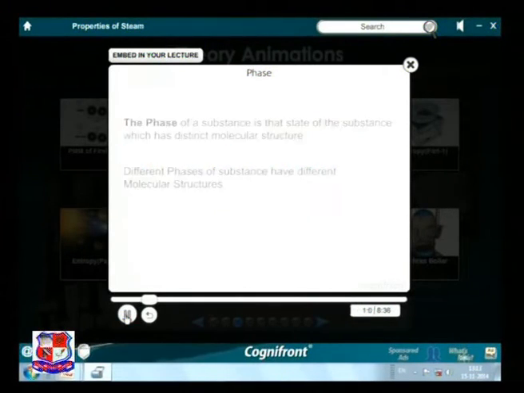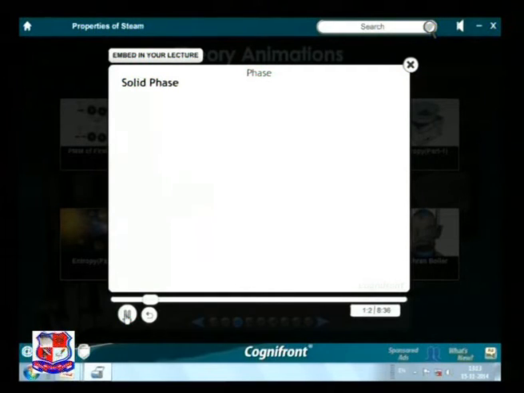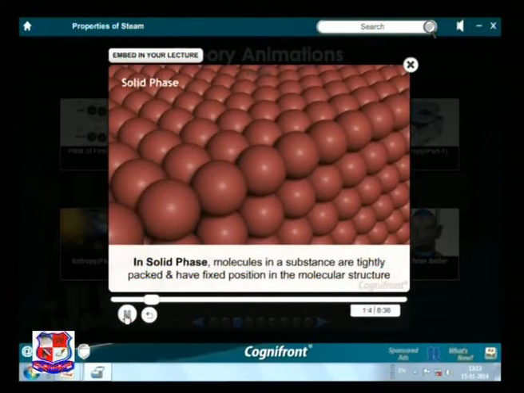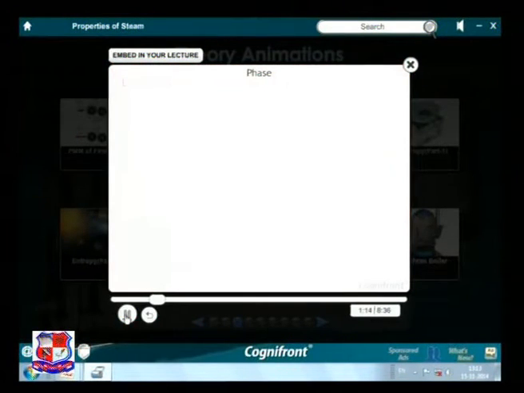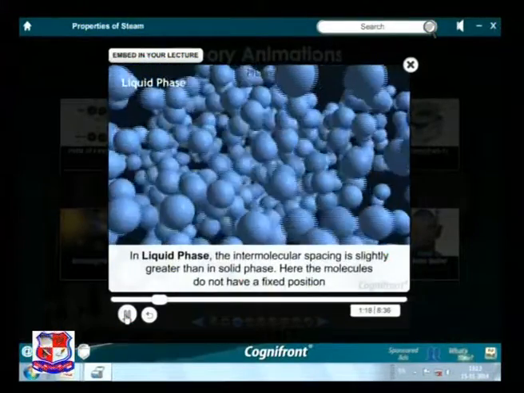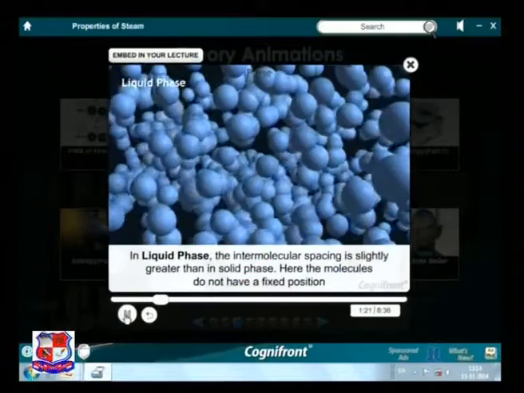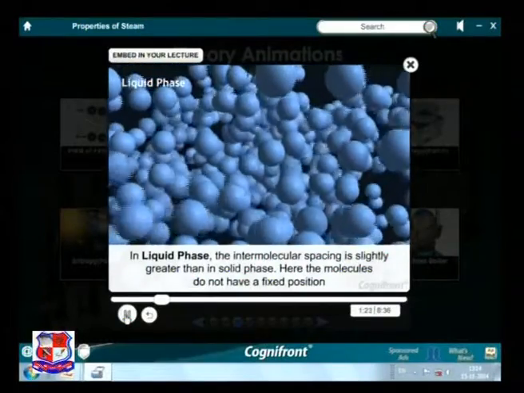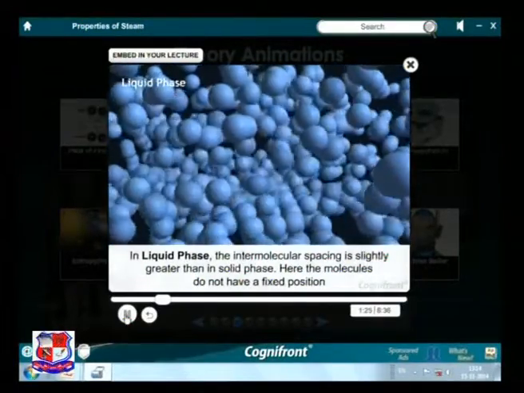Let's see how. Solid phase: in this phase, molecules in a substance are tightly packed and have fixed positions in the molecular structure. Liquid phase: in the liquid phase, the intermolecular spacing is slightly greater than in the solid phase.